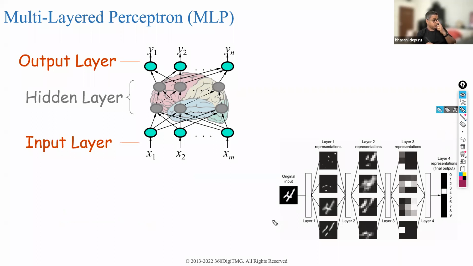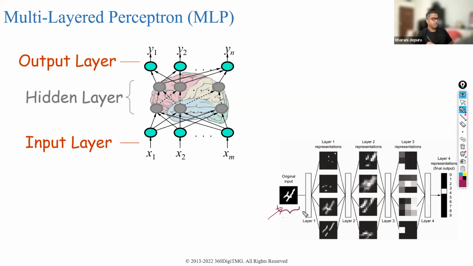As we have discussed, you supply the input to the neural network, which has layers. The first set of layers will extract different patterns from the data. Then it goes as input to the next layer, which again supplies inputs to the next layer, and so on, and finally you get the output.